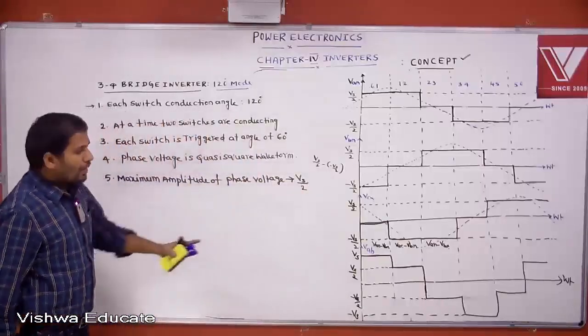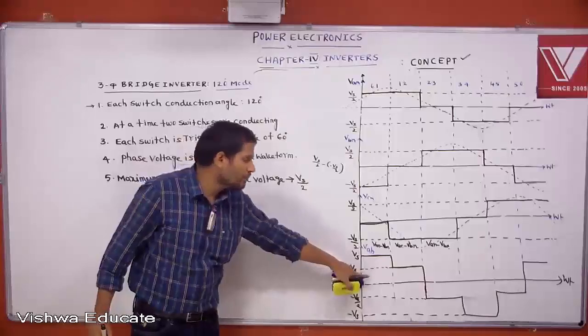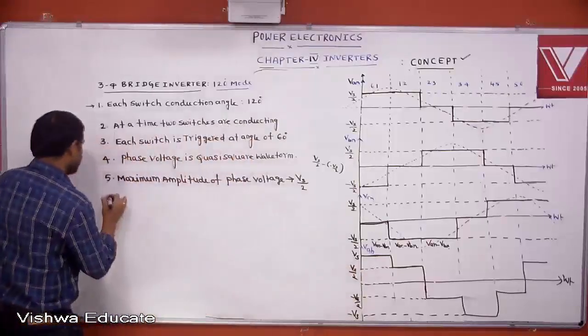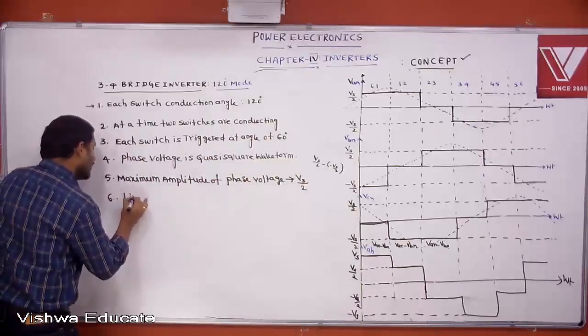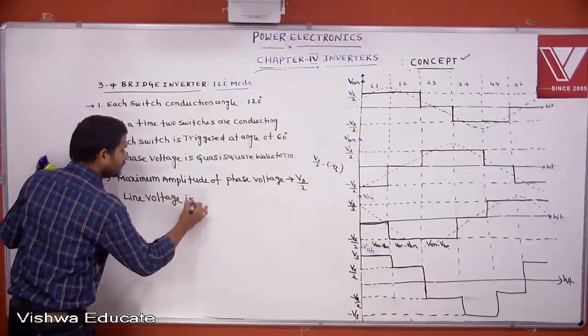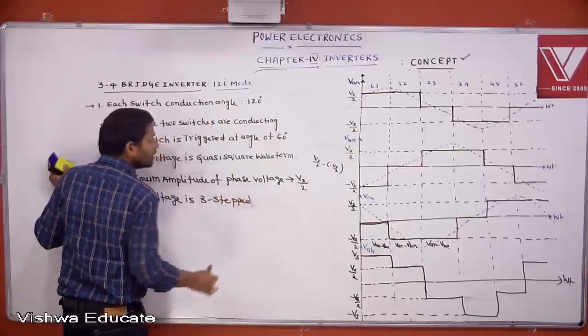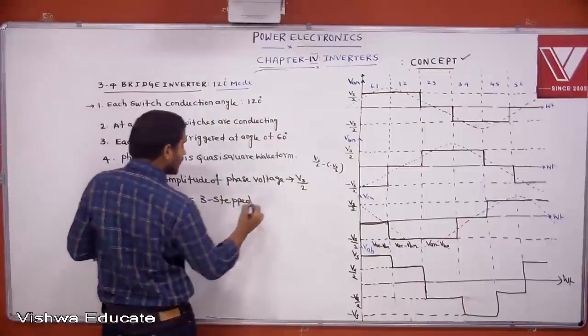Next, what is the shape of the line voltage? A 3-stepped waveform. I'm talking about shape: the line voltage is a 3-stepped waveform.